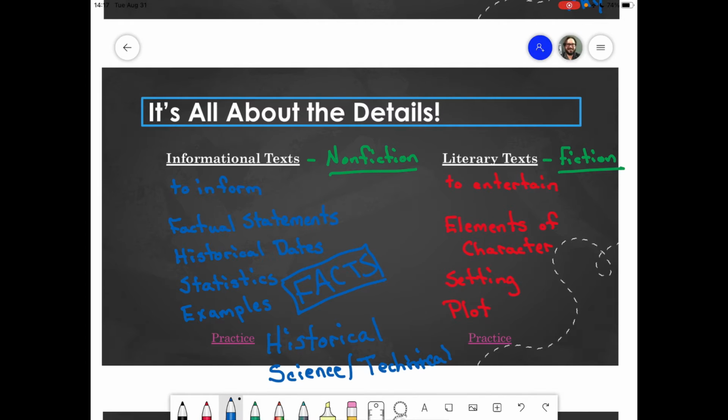Science and technical texts are designed to provide us with information about a particular topic of interest in the field of science, or maybe to provide us with information about the technical aspects of, say, for example, the Hubble Space Telescope.